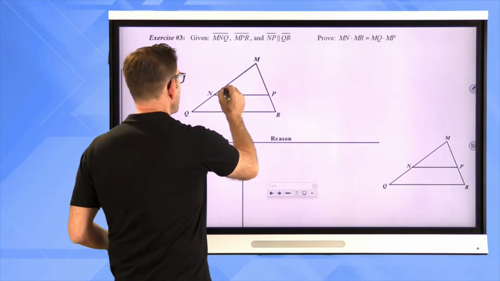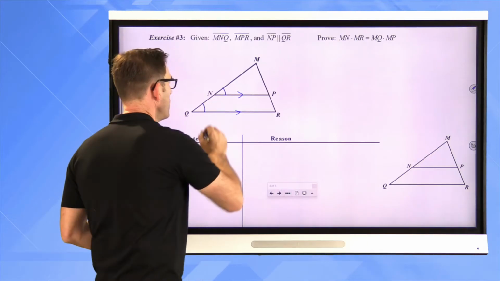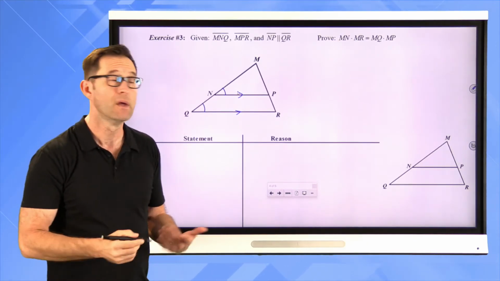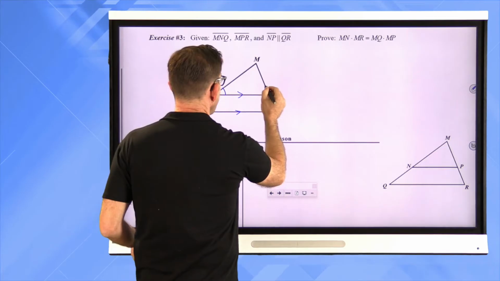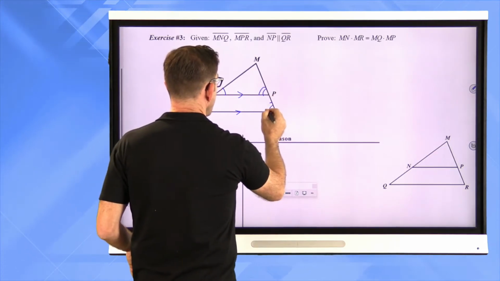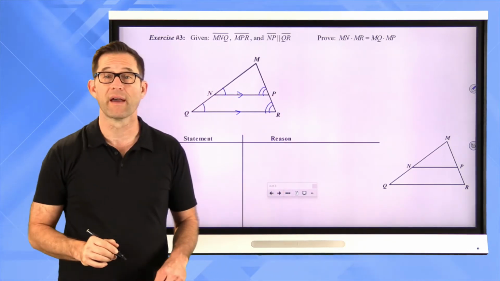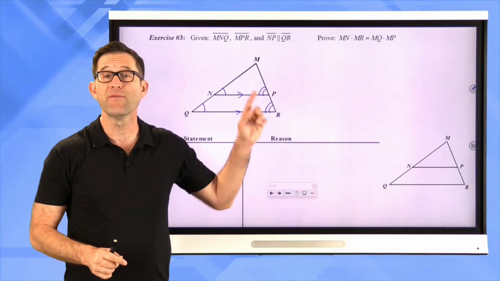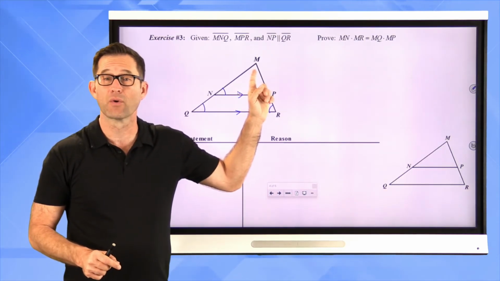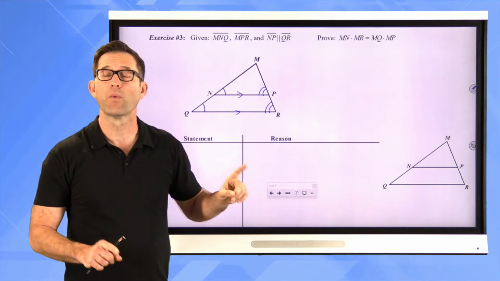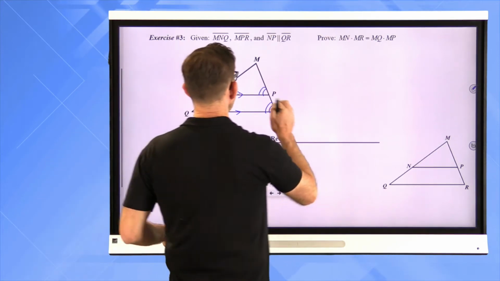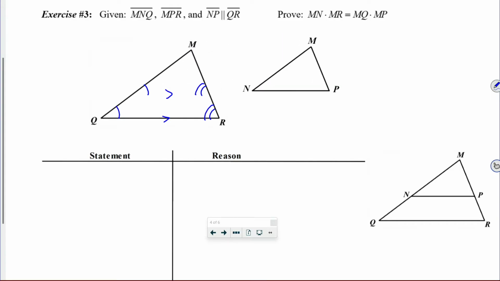That's going to tell me that this angle is congruent to that angle because they're corresponding angles. It'll also tell me that this angle is congruent to this angle because they're corresponding angles. I could even have the fact that angle M is congruent to itself. Regardless, what I will be able to do is prove that triangle MNP is similar to triangle MQR.